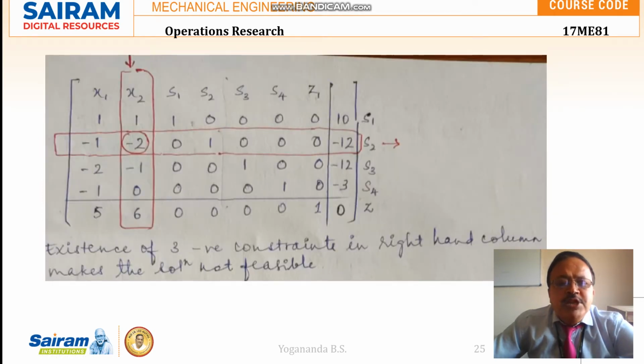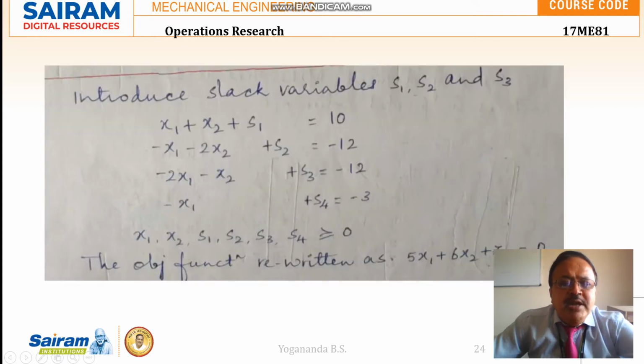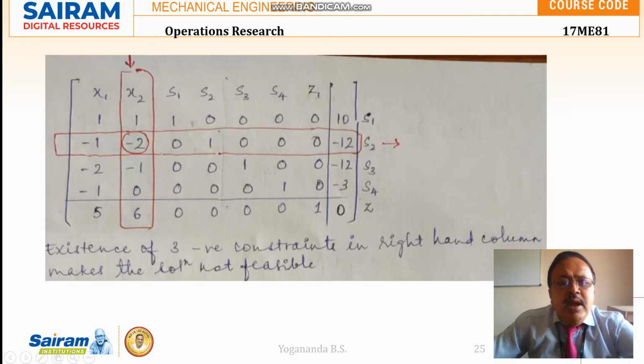So the first iteration table will be written as usual, writing all the variables with z, the objective function, on the top of the table. Then the first row will have the coefficients of the first equation, 1, 1, 1, 1, 1, 1, and other entries made 0.